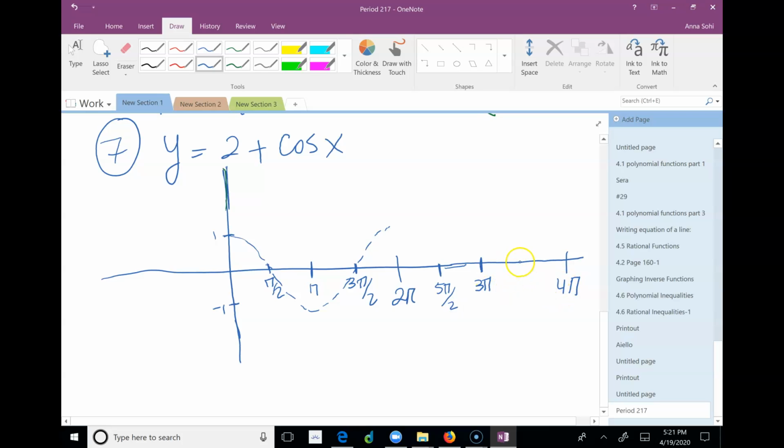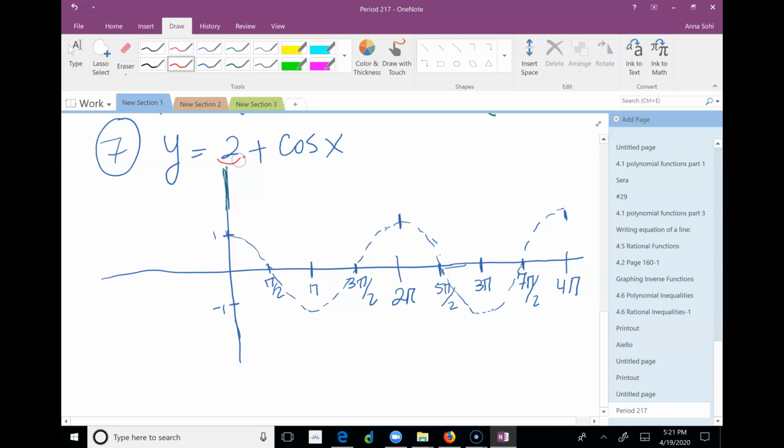Half of 3 pi and 4 pi is 7 pi over 2. So if you were continuing the pattern, this would have been the pattern. You go down, you go up, and you go here. So that's 2 periods of cosine.